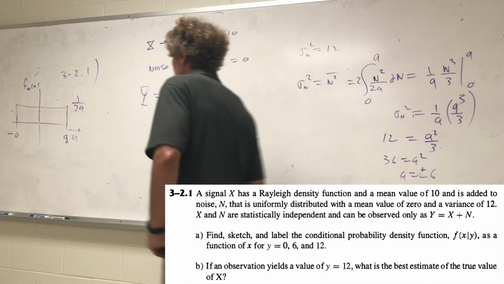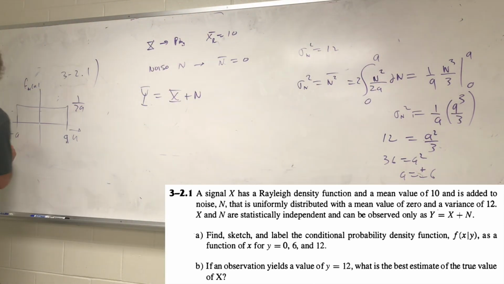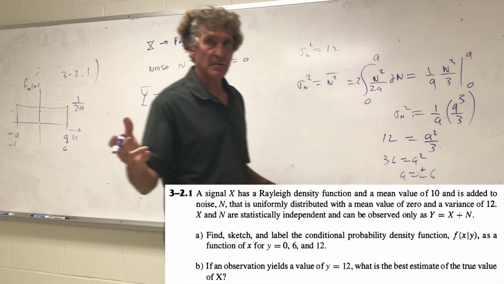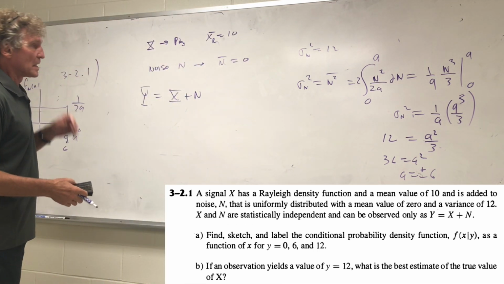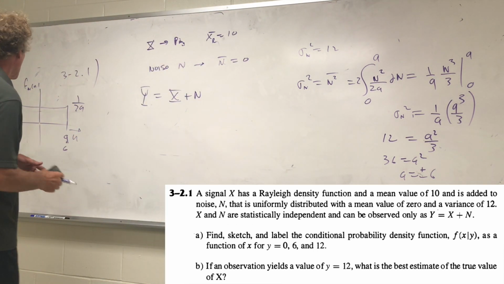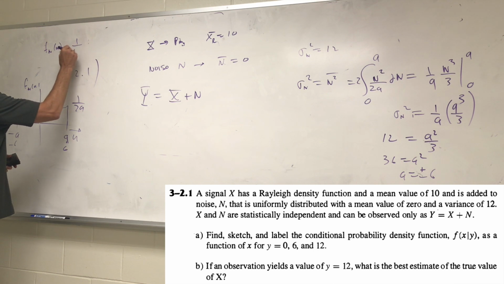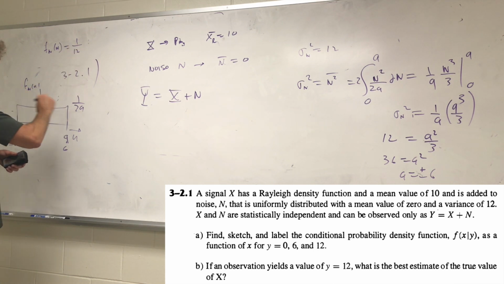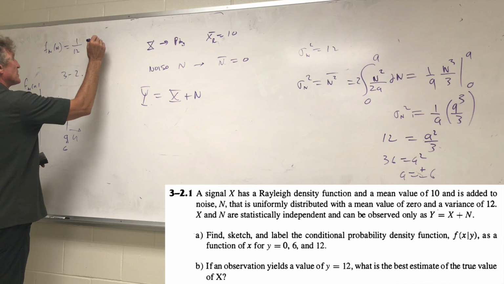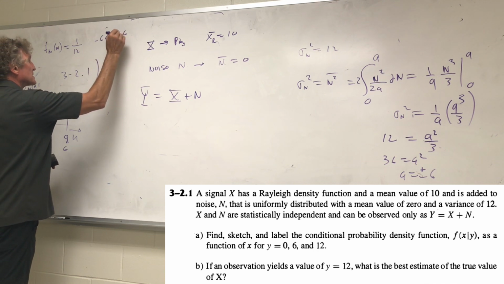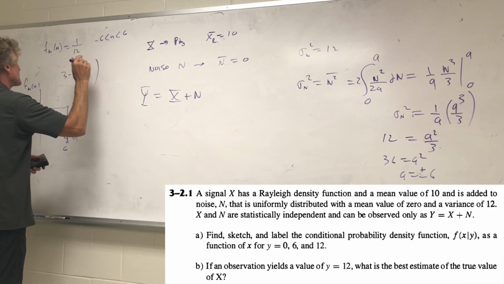So this should be minus 6 and this is plus 6. Now we know what f of n is: f of n is simply going to be equal to 1/12, because it's 1 over 2a, and this is only for n between minus 6 and 6, and 0 else.